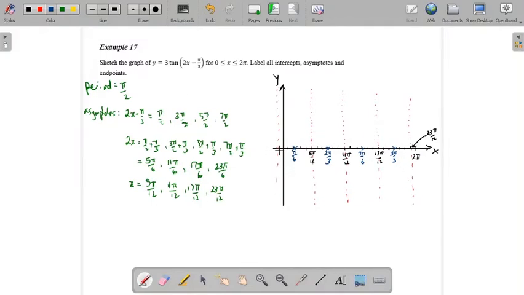And we can go like that, there, there, there, and there. So we're going to have an endpoint somewhere here.